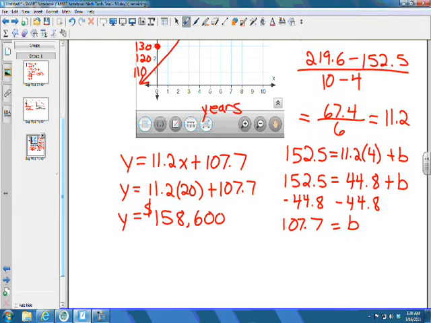I thought you meant before you added that. Oh, okay. So the final answer was what? 331. So about $330,000 is what you would expect it to cost another 10 years down the road, if it continues to increase at the same rate.